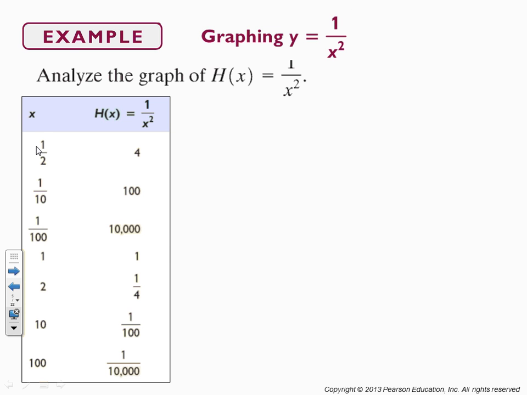So as you look, the smaller my fraction gets, or the closer we get to 0, the bigger my y value is. Think about this: the closer I get to 0, my y value is shooting up into the sky.